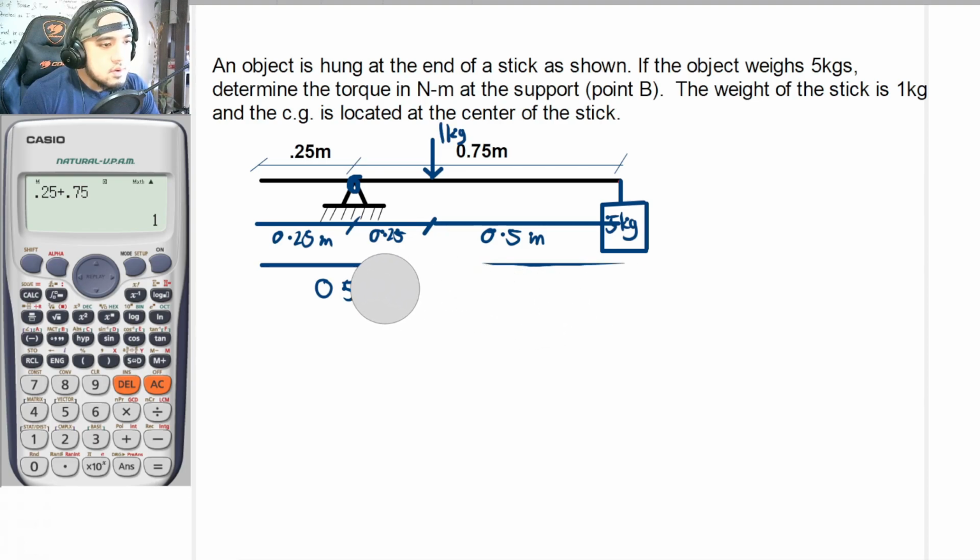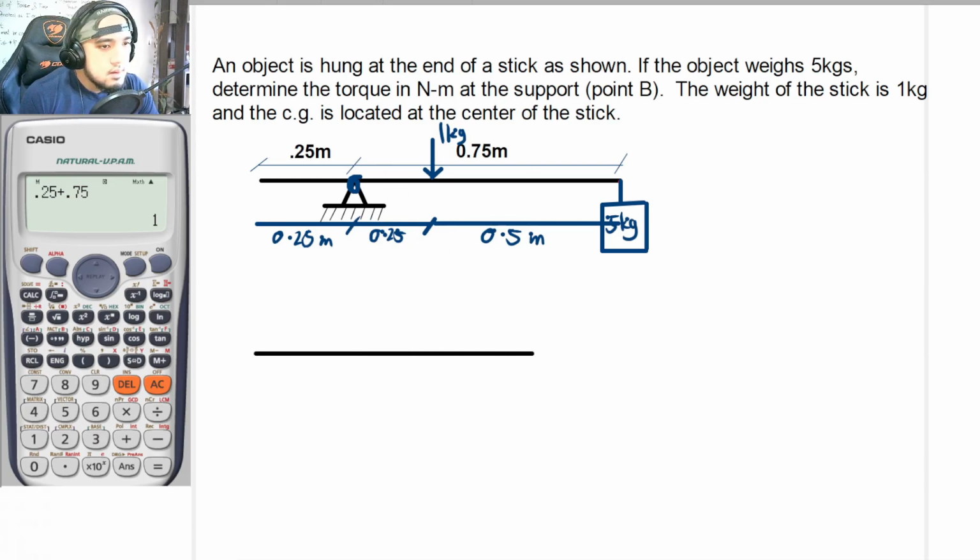Okay, so the first thing that we will be doing here is drawing the free body diagram of this. So if this is the stick, since we have a support here, there is a vertical force here. So this is for the support, which is a vertical force.